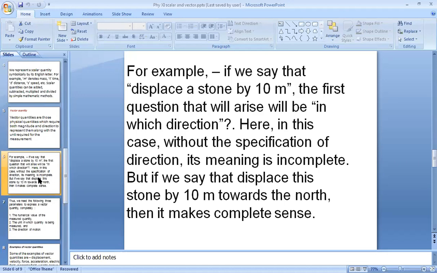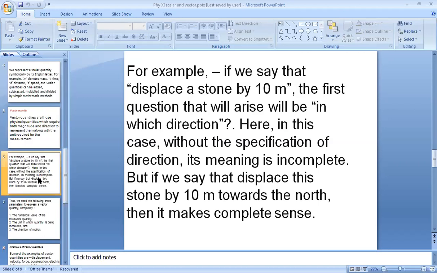If horizontal, either toward east or west. If you throw it upward, definitely that will be the direction north. And when the stone returns back to the ground, that will be south.